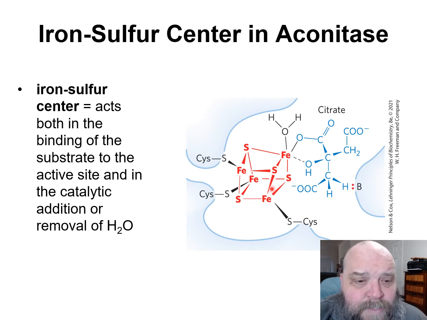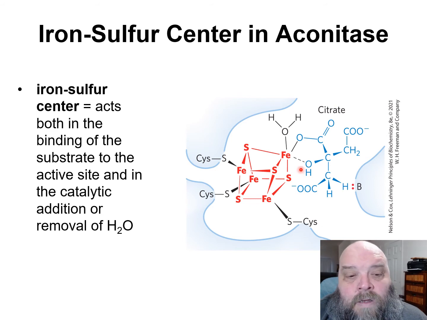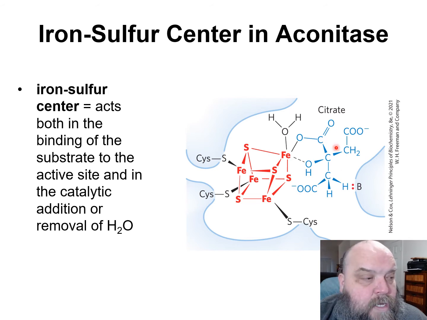When you look at it inside the active site of aconitase, holy smokes, Batman, you get this iron sulfur box, this cube occurring here between 3 cysteine residues. This will interact with and twist and tweak our citrate molecule.